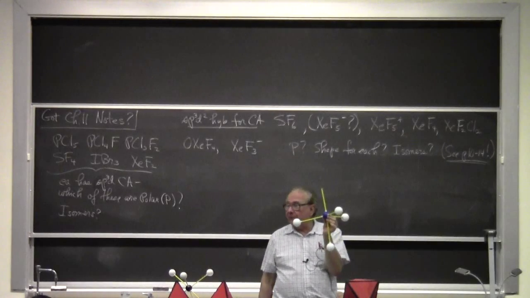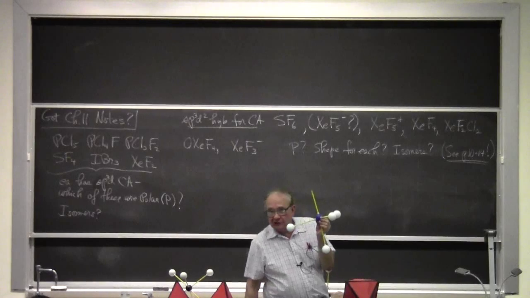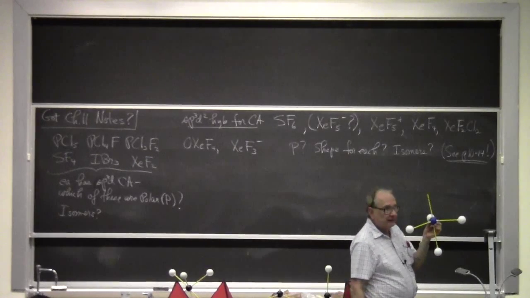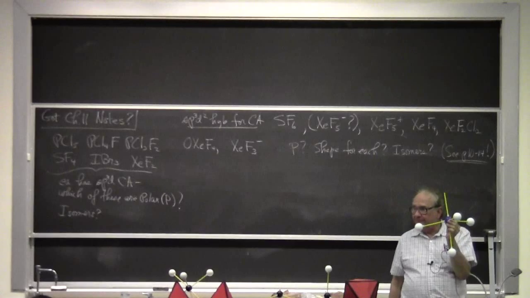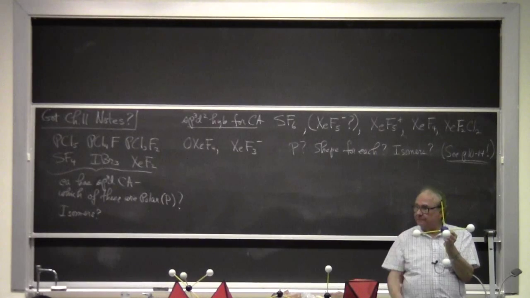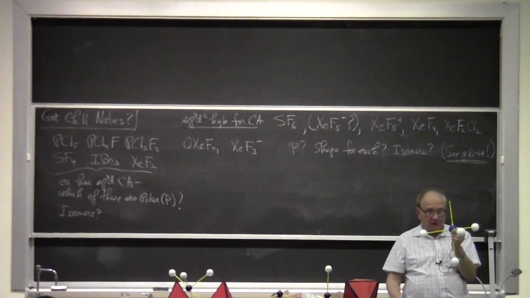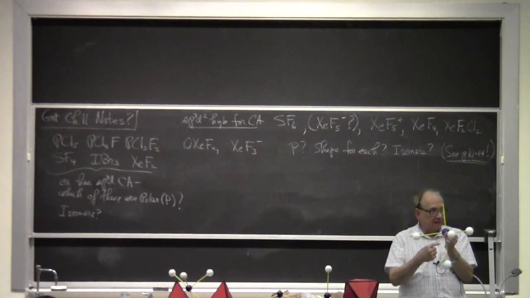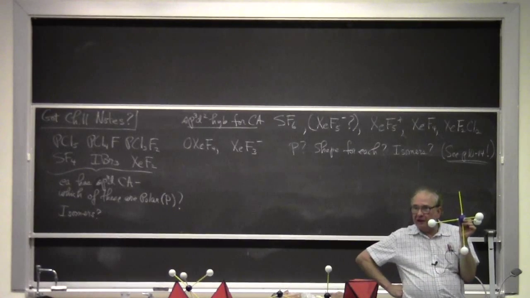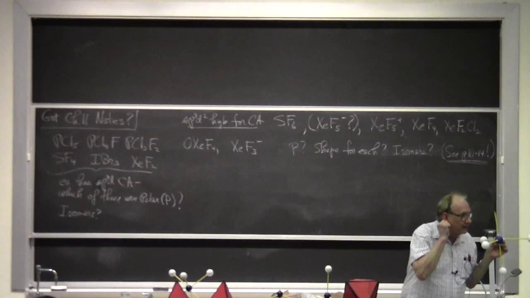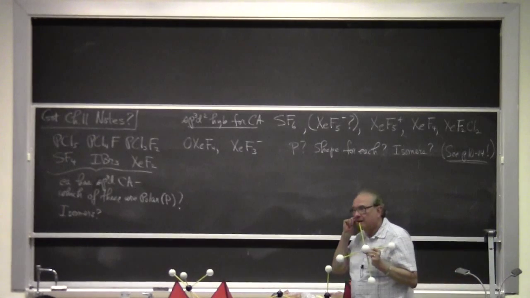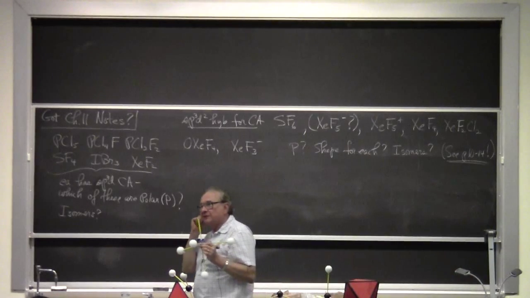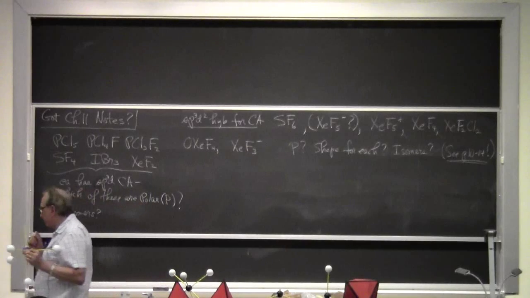From a Coulombic standpoint, where is the best location for the non-bonding pair? Is it here? Or is it here? Now, where does the answer to this question lie? The answer to this question lies in Coulomb's law.